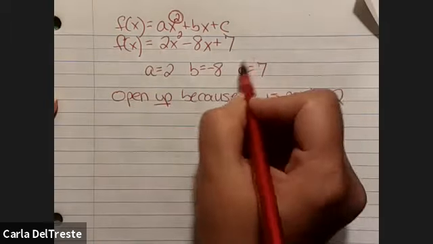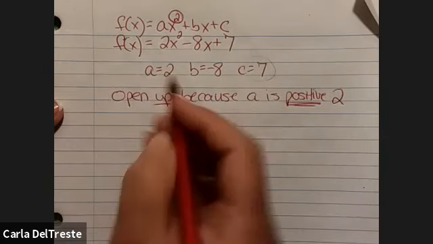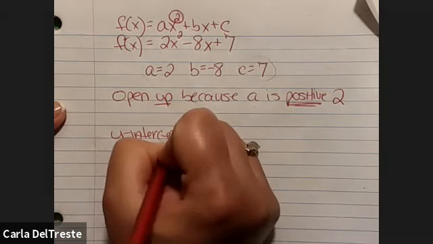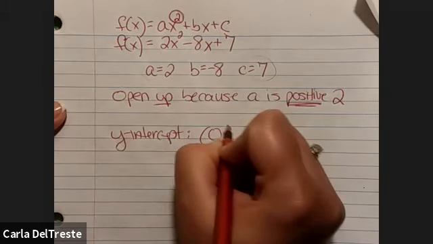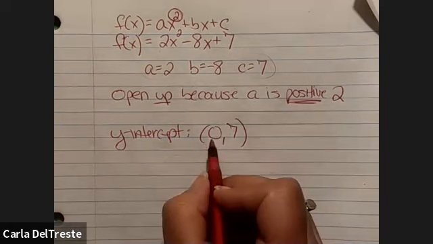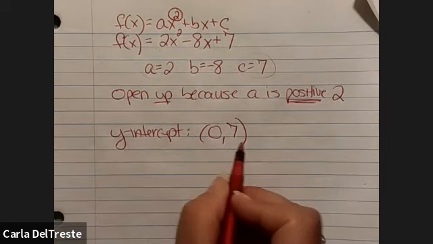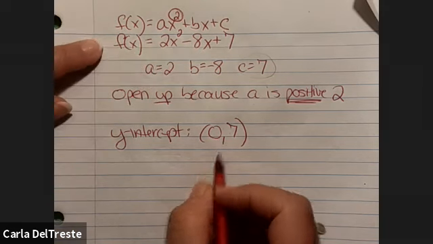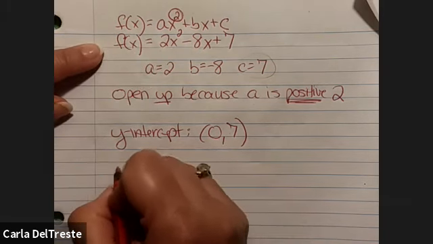What does the value of C tell us? C tells us that the y-intercept is (0, 7). Remember that intercepts are always ordered pairs, so we have to write it as (0, 7). The y-intercept occurs when x equals 0. I don't want you to take my word for that.